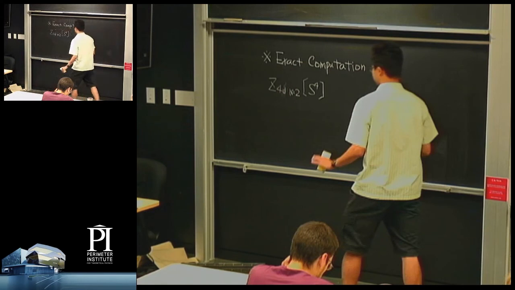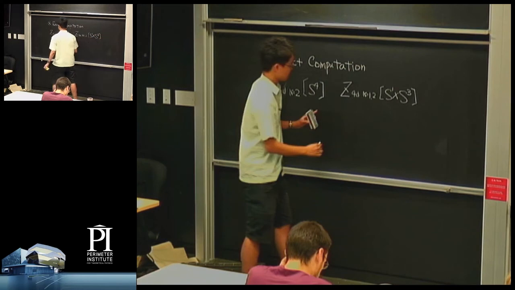Or if you want to study 4D theories, you can prepare any 4-manifold, and another good candidate is S^1 times S^3. And this is known as the superconformal index.